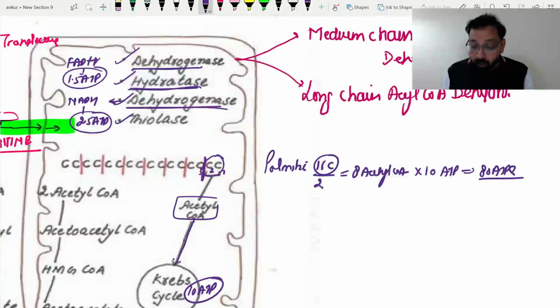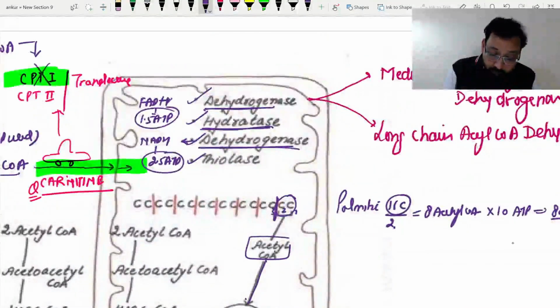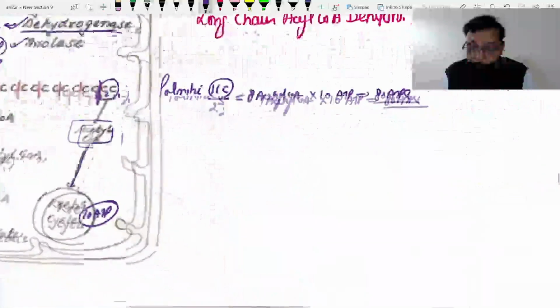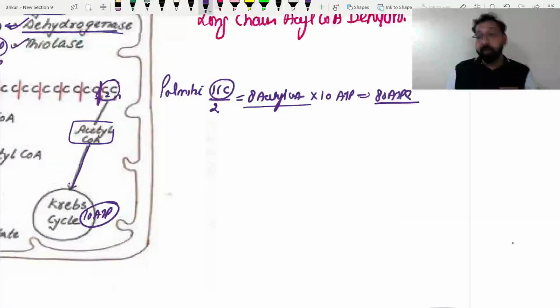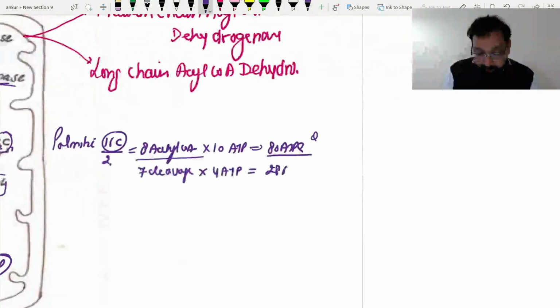Now, to these 80 ATPs, add the ATP from the cuts. One cut produces one FADH and one NADH, equivalent to 4 ATP. To produce 8 acetyl coenzyme, you require 7 cleavages. One cleavage produces 4 ATP, so 7 into 4 is 28 ATP.